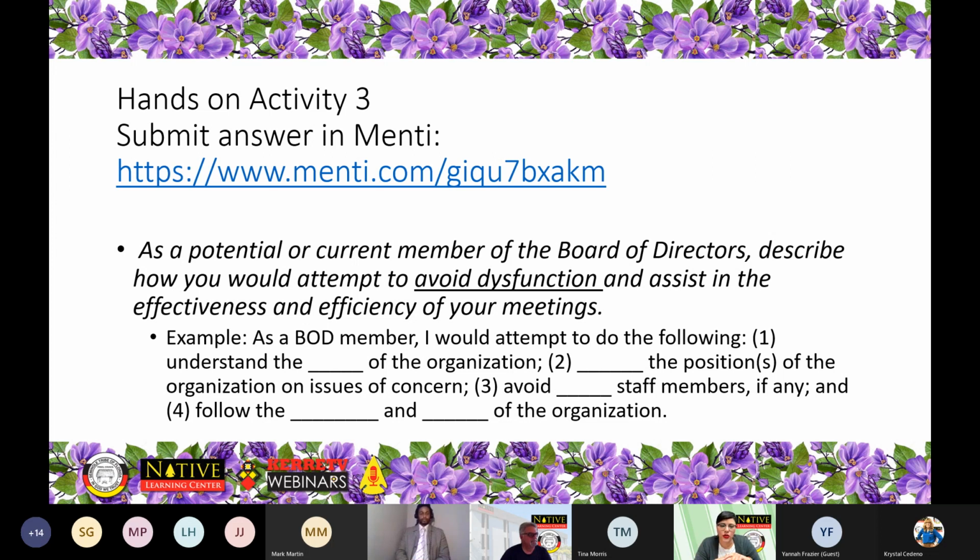What we want you to tell us is, as a potential or current member of a board of directors, describe how you would attempt to avoid dysfunction. So we're going to focus on that. How are we going to avoid the dysfunction, and by doing so, assist in the effectiveness and efficiency of your meetings?